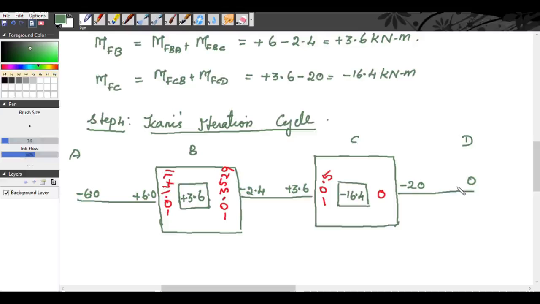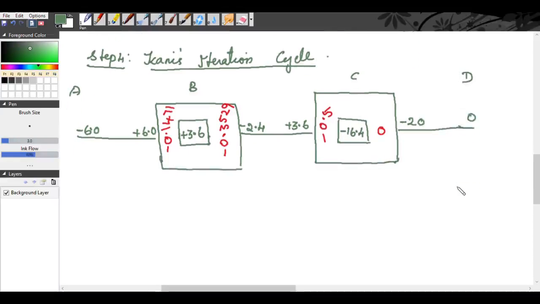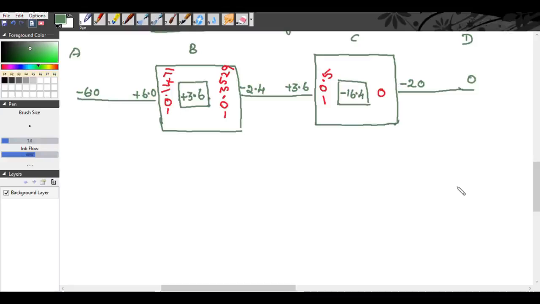Now we will find what is small MAB. Small MAB means the rotational contributions, right? We will determine the rotational contributions. So here it is, we will find MAB, MBA, MBC.